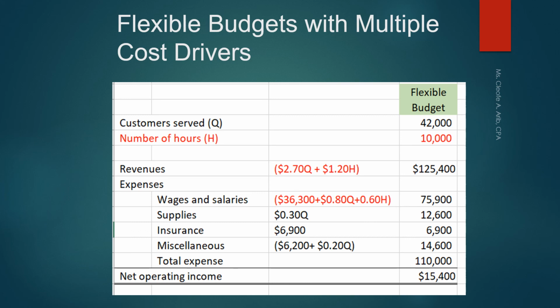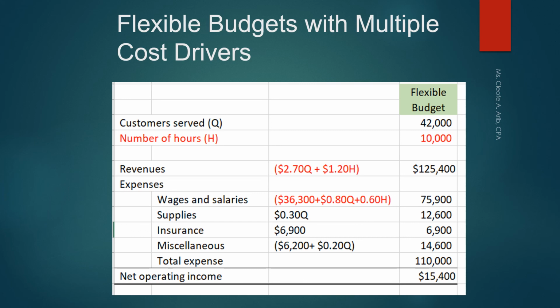That will give us a total of 125,400. For expenses naman, since ang binago lang natin is wages and salaries, that is why it is highlighted in red. All the rest, supplies, insurance, and miscellaneous, they remained the same.